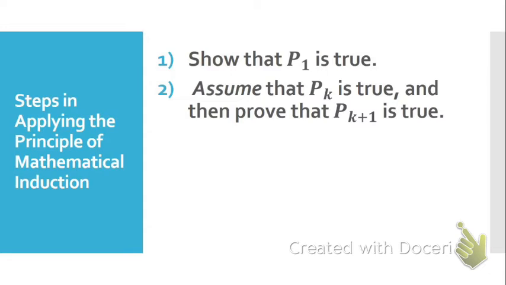Once we've shown that, we're going to assume that it's true for the one that falls k in line, and use that assumption to show that it has to be true for the one that comes right after that. That's what I mean by P sub k plus 1.